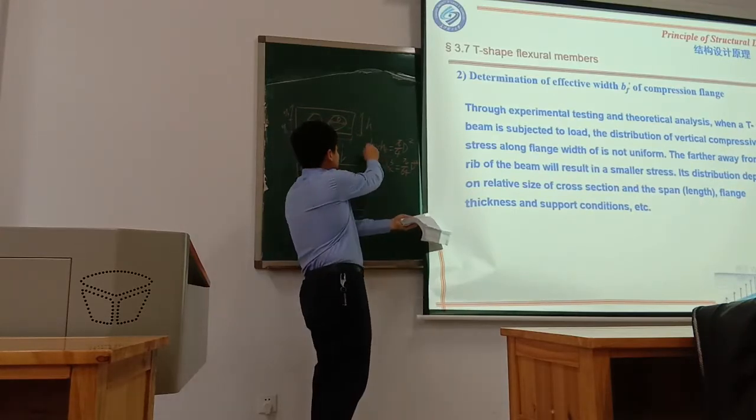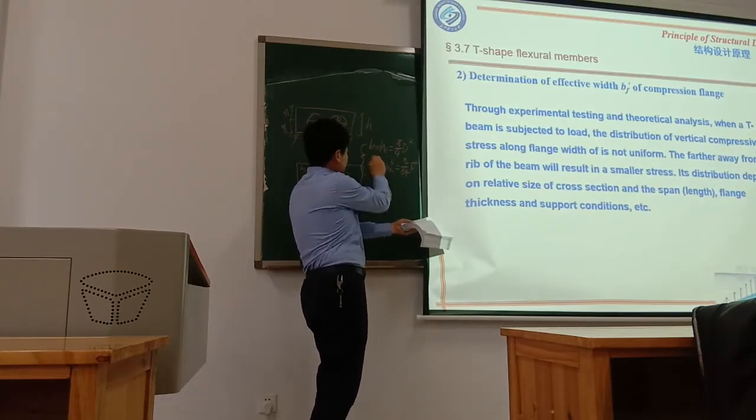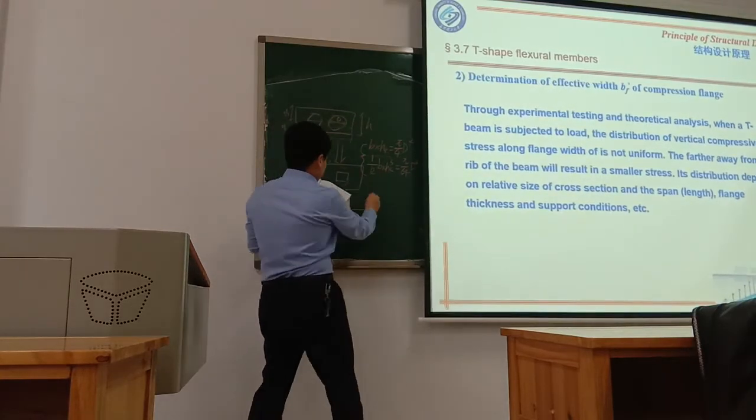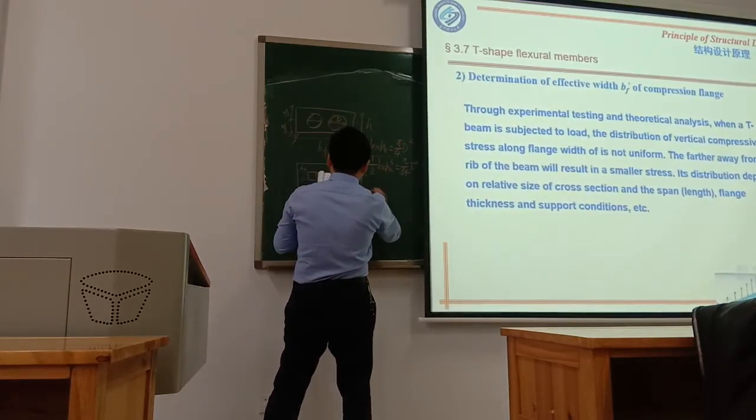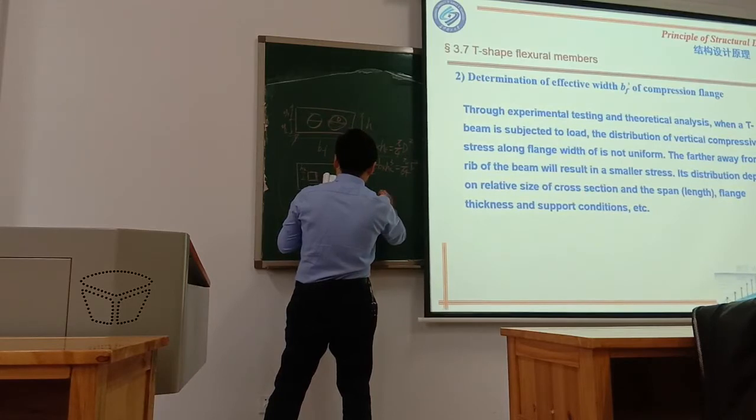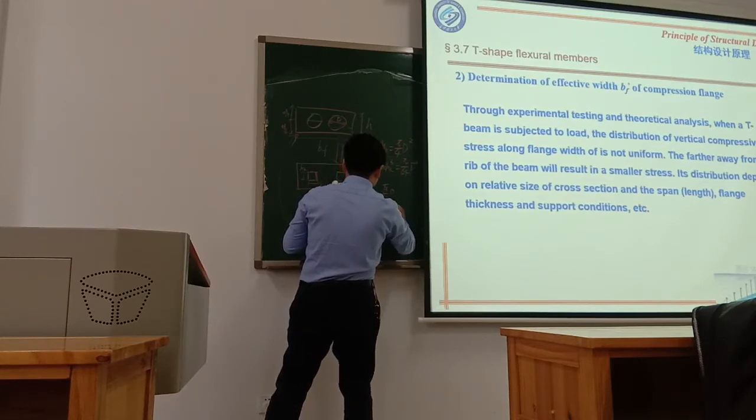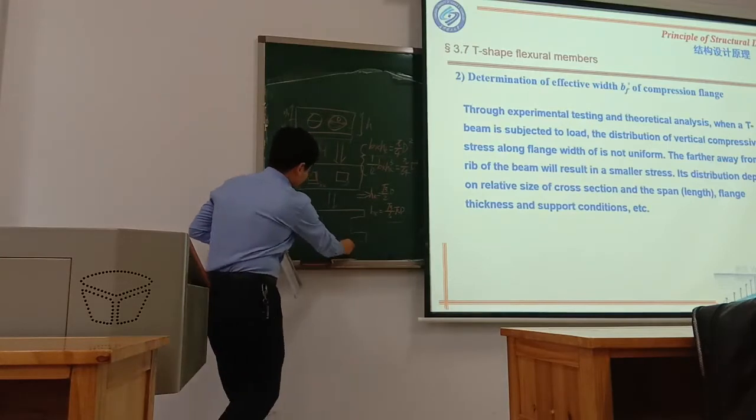By these two formulas, we get h_k equal to, b_k equal to, and then finally I got this.